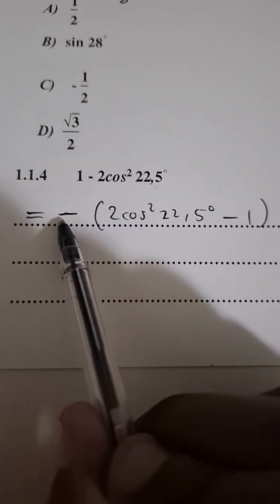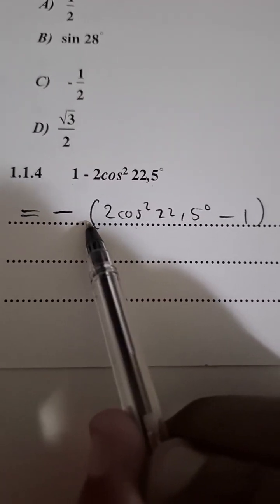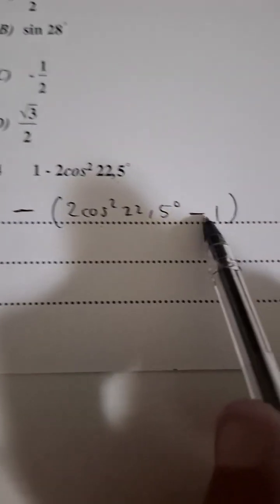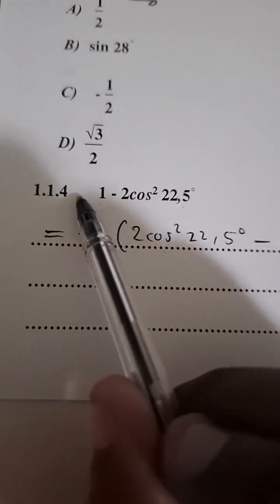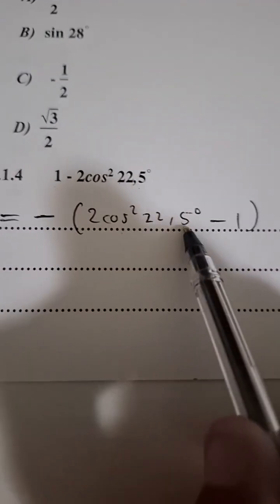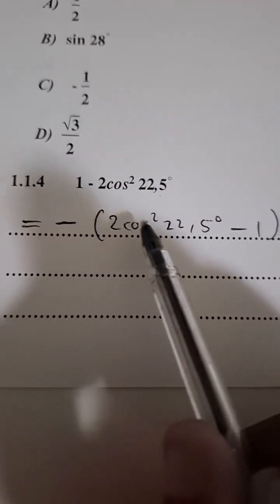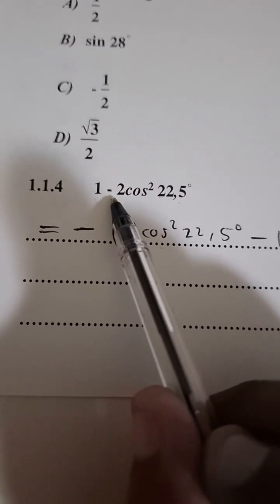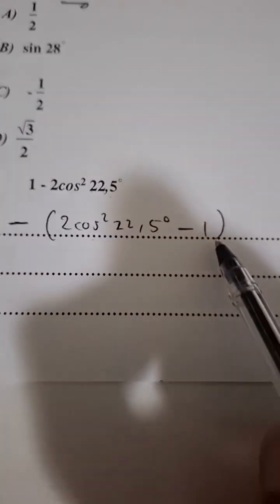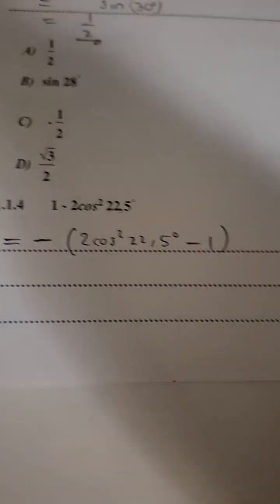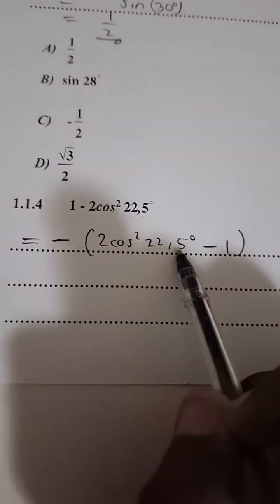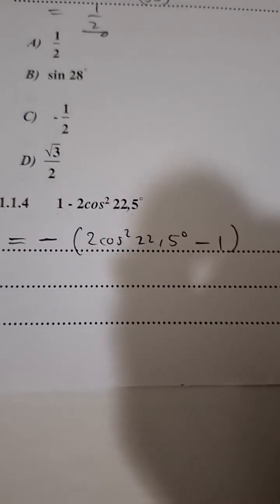Why did we apply the sign change rule? This is a factorization strategy that allows us to write things in the order that is reversed when there's a negative sign between those two terms. Negative times this gives us back the negative, and negative times this negative 1 gives us back the positive 1. So in essence, this is still retaining its original identity.